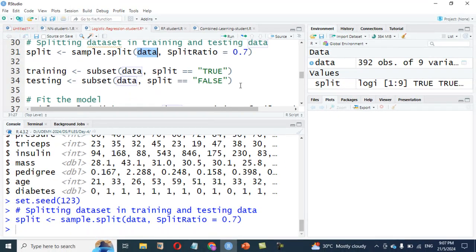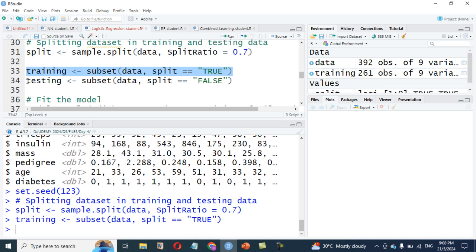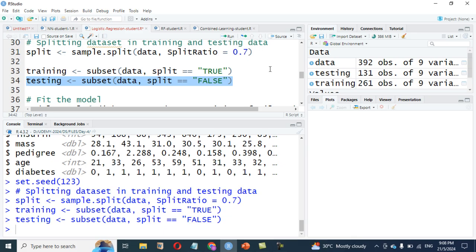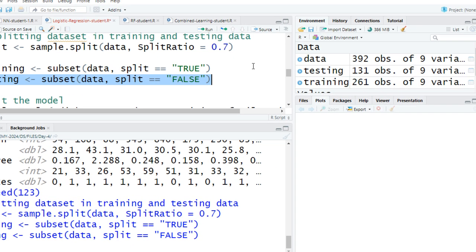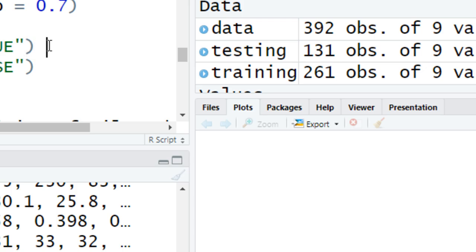So our training data is the subset of this data set where split is true, which is 70%, and the testing data is the remaining split, which is 30%.